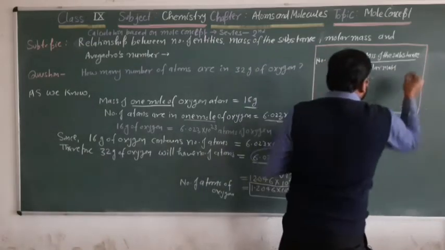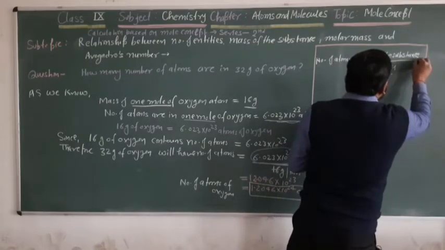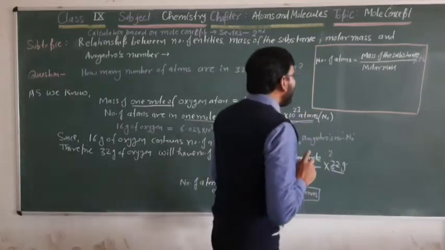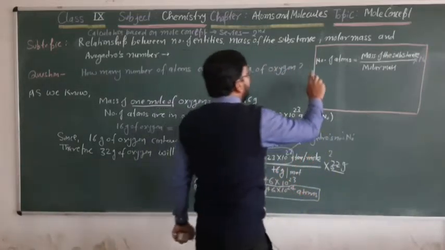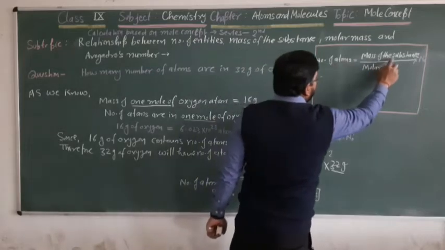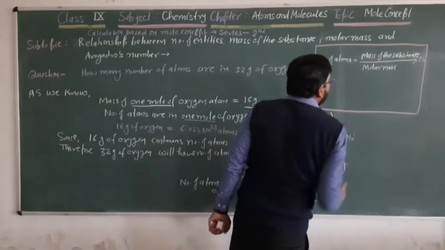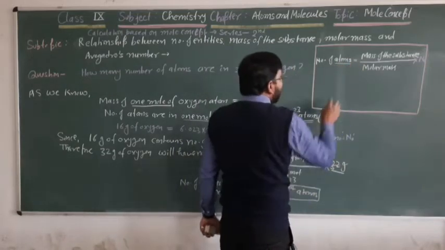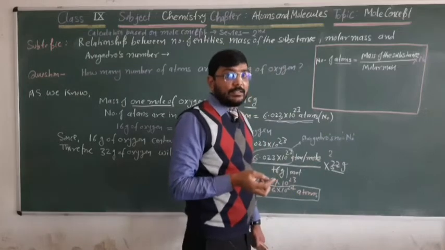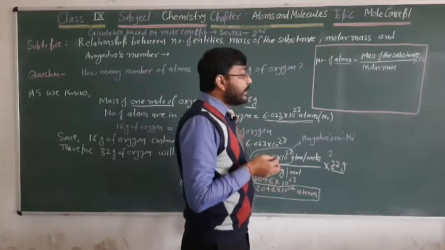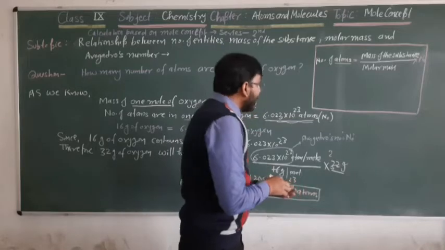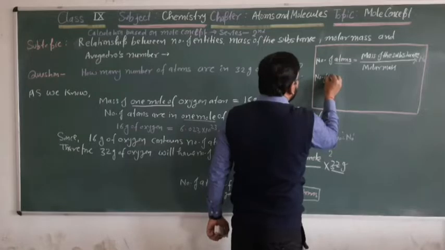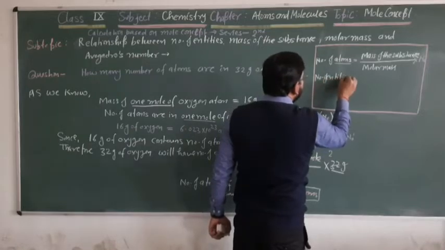Then multiply by the Avogadro number N naught. So now we have a relation between the number of atoms, mass of the substance, molar mass, and Avogadro number. Can we generalize this number of atoms for anything? In general terms, instead of number of atoms we can write number of entities.